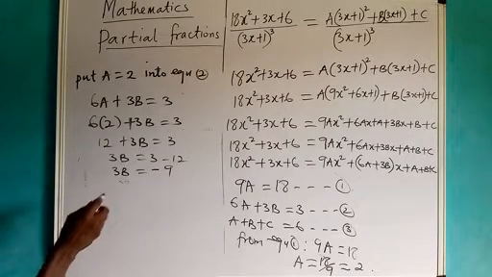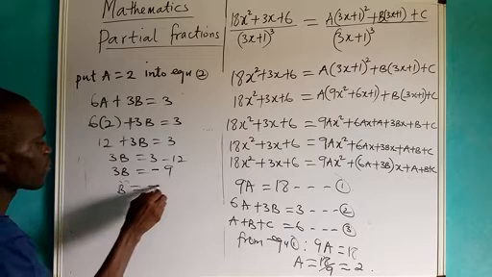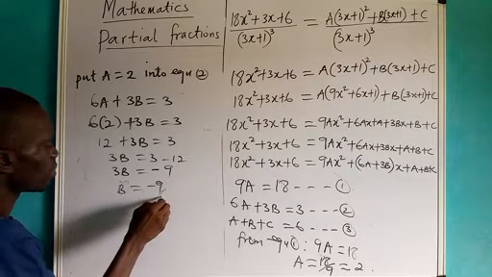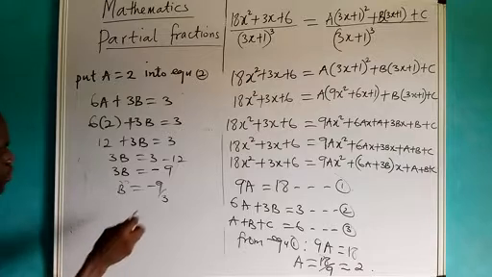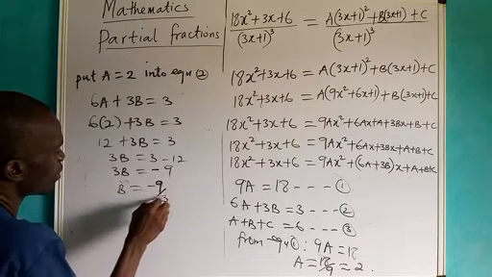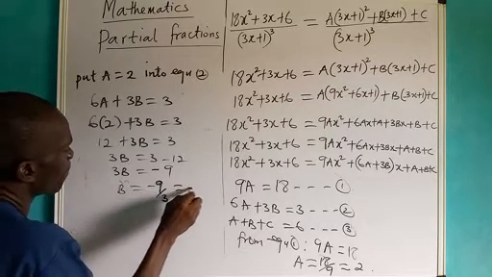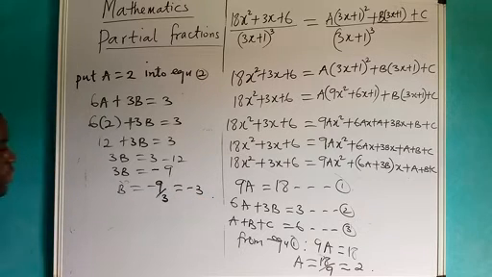When I divide both sides by 3, I'm going to have b equal minus 9 over 3. Dividing 9 by 3, minus 3 is going to be the value for b.